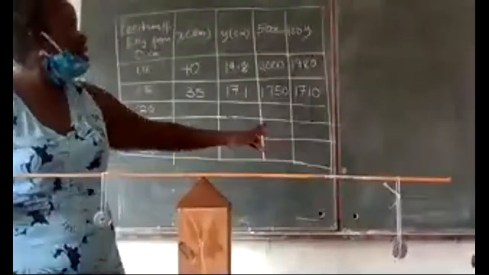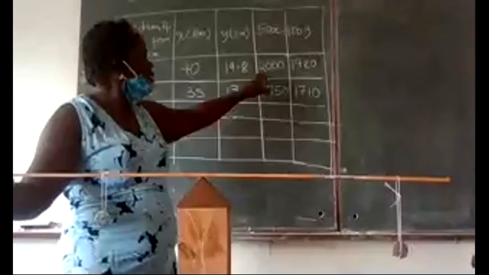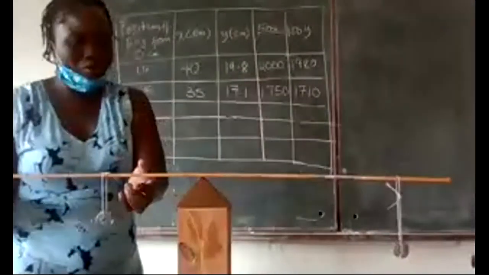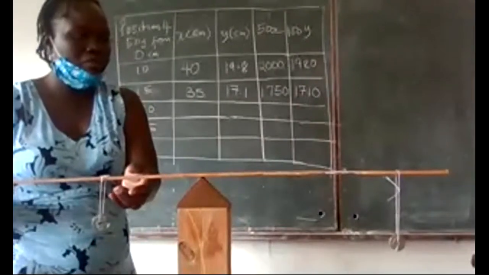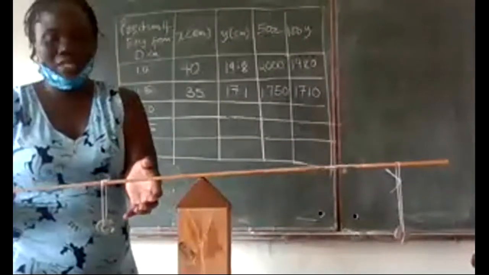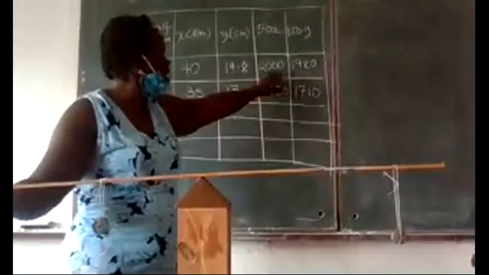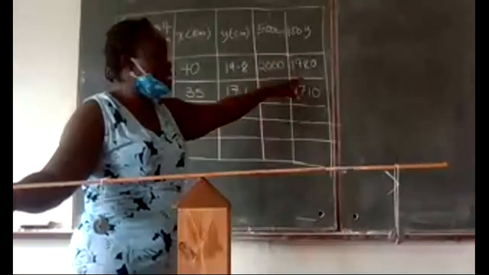That's how we got 2,000. The teacher mentioned, ideally we would be getting the same, but practically either the ruler is not uniform or as we balance, we make a mistake. Even the wind can blow the ruler and disorganize it. That is why the values are close, but not the same.